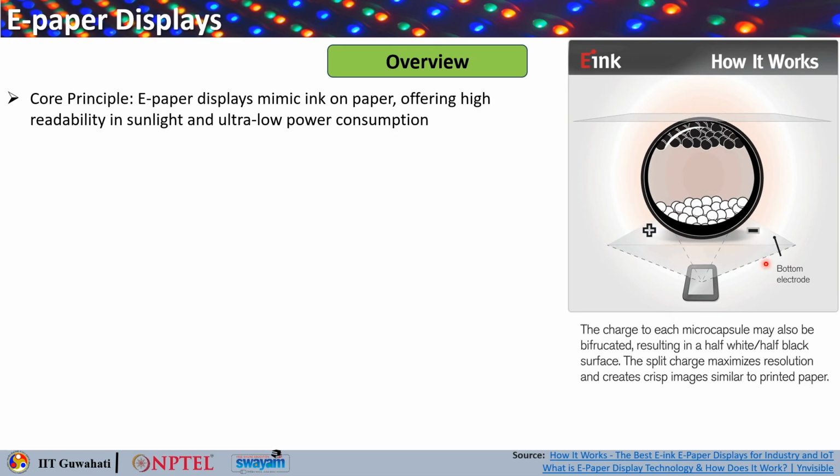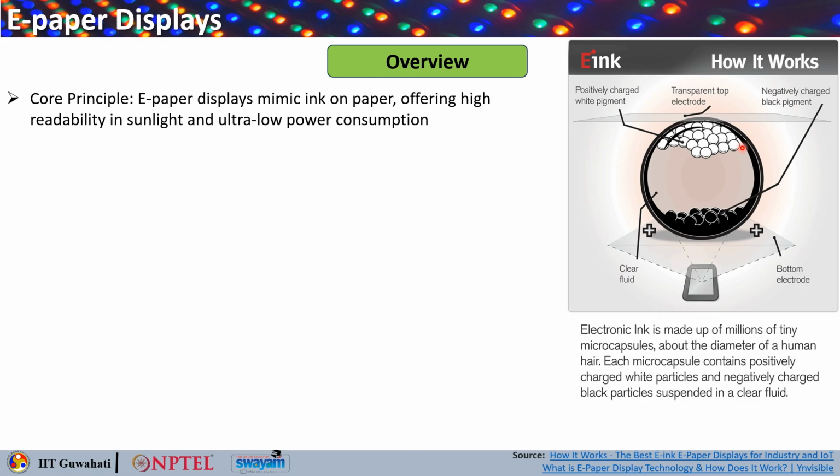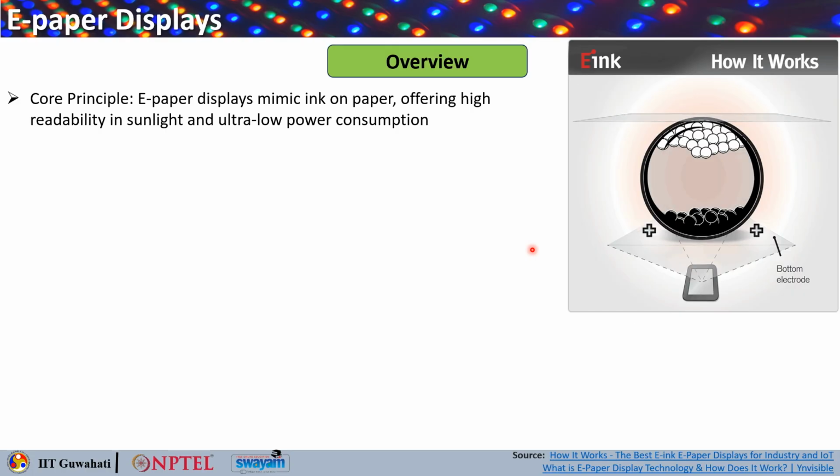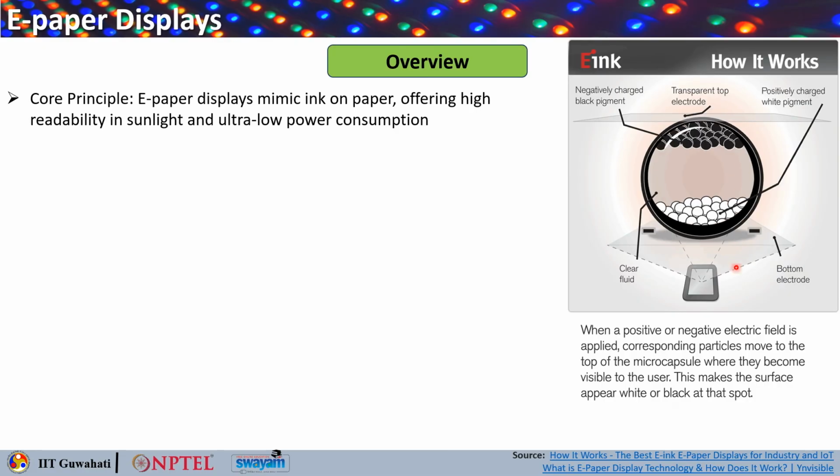If you want a mixed pixel, you can change the electrode polarity, and accordingly the particles will appear. This is how the electronic ink works. It is made up of millions of tiny microcapsules, inside which these particles change position based on the kind of electrode potential that you are applying.